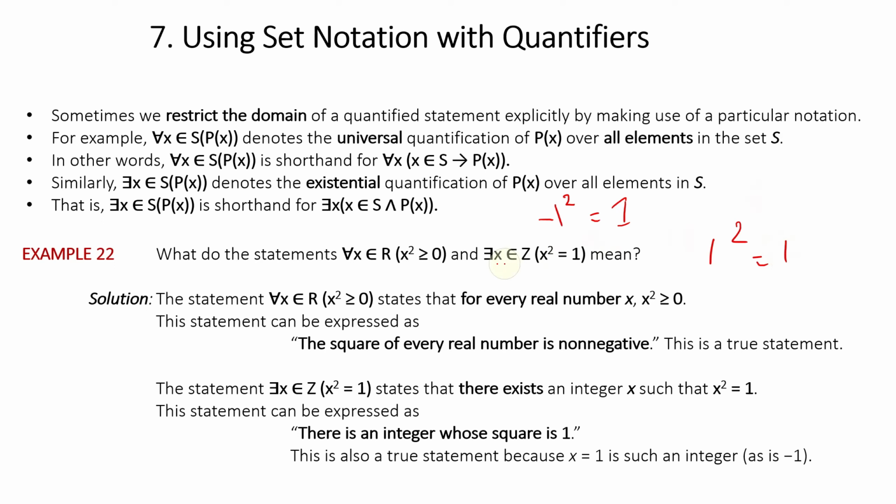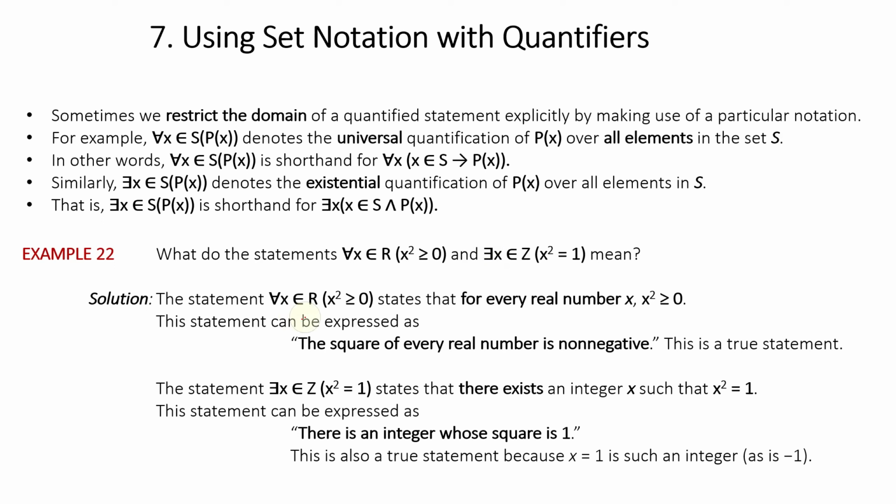So we have at least 1, and we're looking for at least 1. And remember, if I said the uniqueness, from Z where x squared is equal to 1, then this becomes false, because that is the uniqueness. I want only 1 and only 1. This means at least 1. It can be 1, 2, 3, 10, but at least 1.